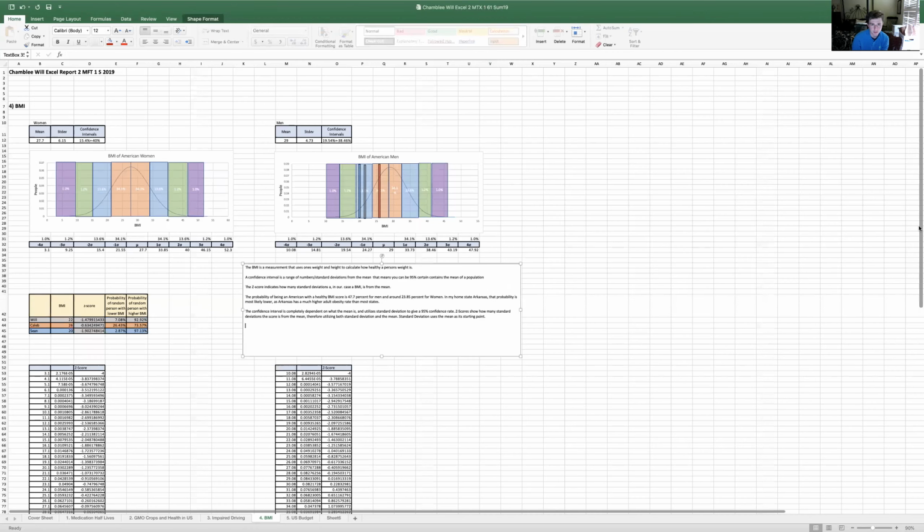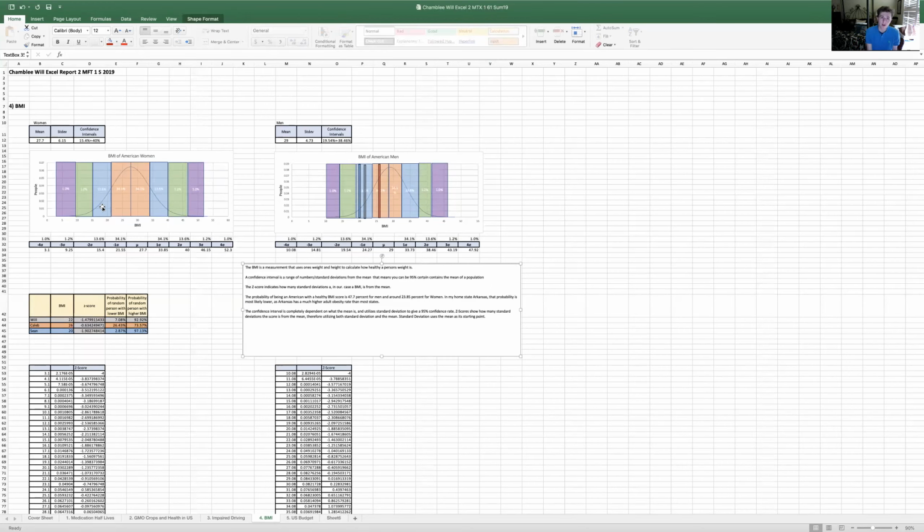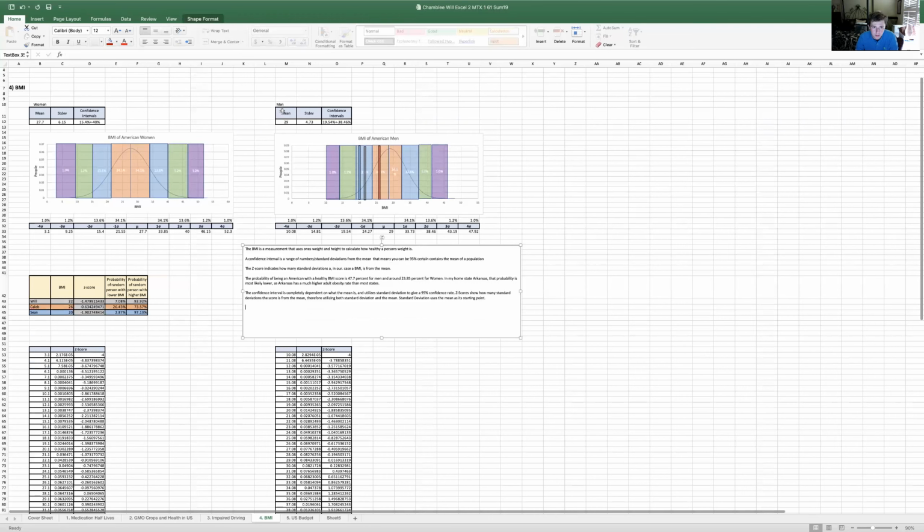We see the confidence interval, which is 2 standard deviations to the left and the right. It gives you a 95% chance that someone is going to be inside of that confidence interval. That utilizes standard deviation. Of course, all these numbers are interconnected. The standard deviation and the mean. Standard deviation utilizes the mean. It's really how many numbers over from the mean to the left and right it is. The confidence interval, obviously, uses both.